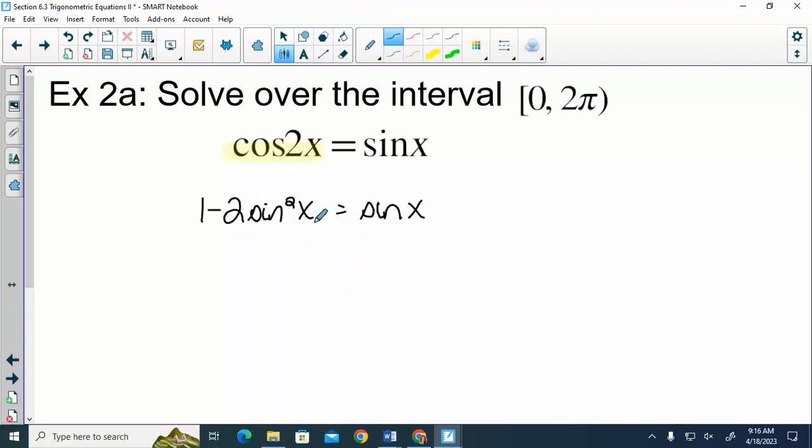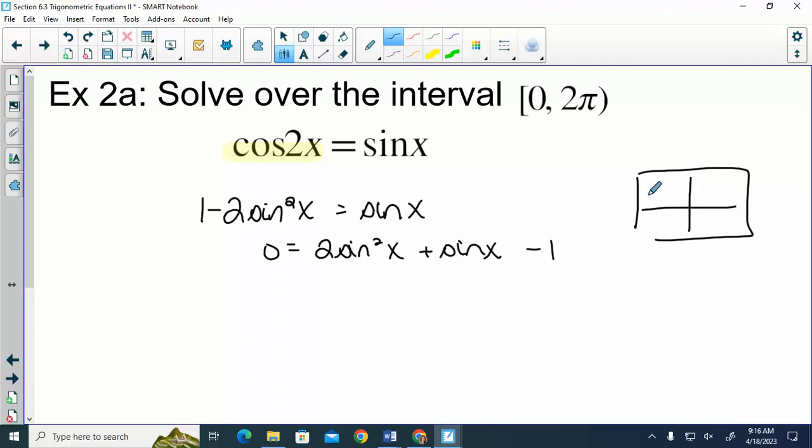So quadratics, we want everything on one side, so we could add over the 2 sine squared x plus sine x and subtract your 1. So then we can do box method. So what multiplies to -2 and adds to +1?